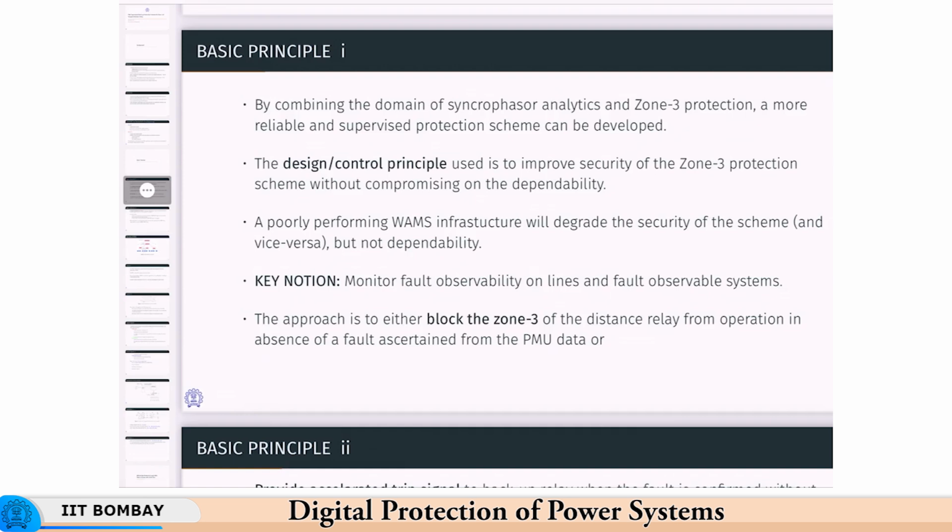So, if your communication network or your PMUs or, in general, your WAM infrastructure does not perform up to expectation, or performs poorly, then it will degrade the security of the scheme. Okay. But dependability will not be compromised. We will see how. So, dependability will be the same as before. So, even if the scheme fails, your fallback is the earlier relay itself. So, whatever dependability you got, you will still get, but you will not be able to enhance the security.